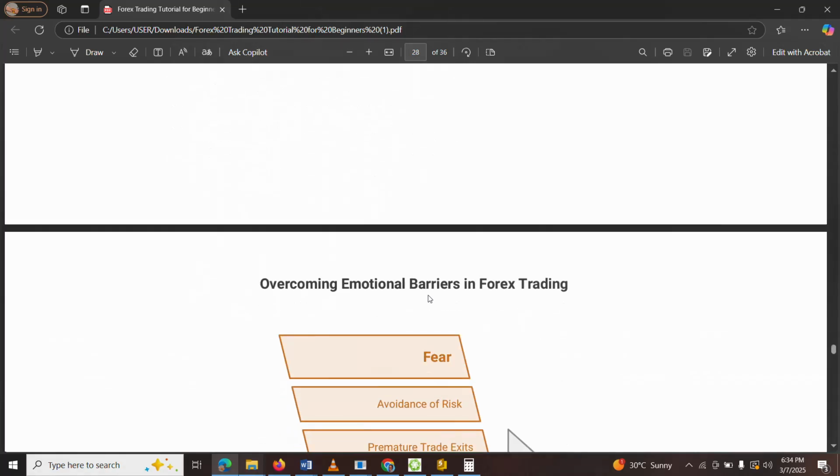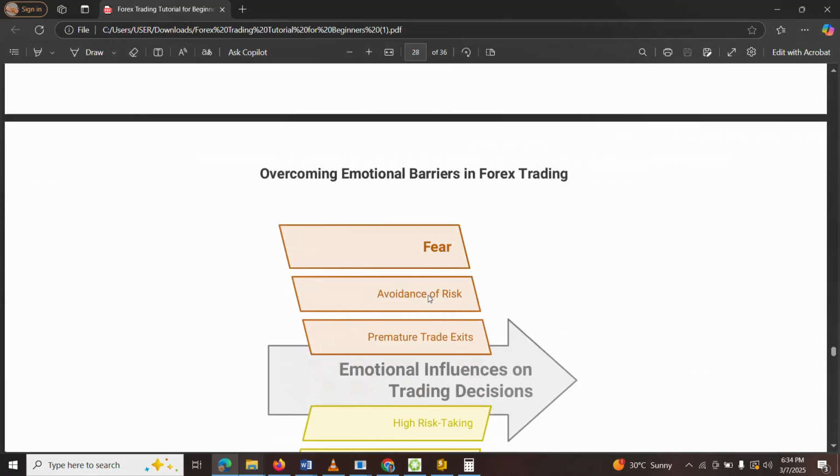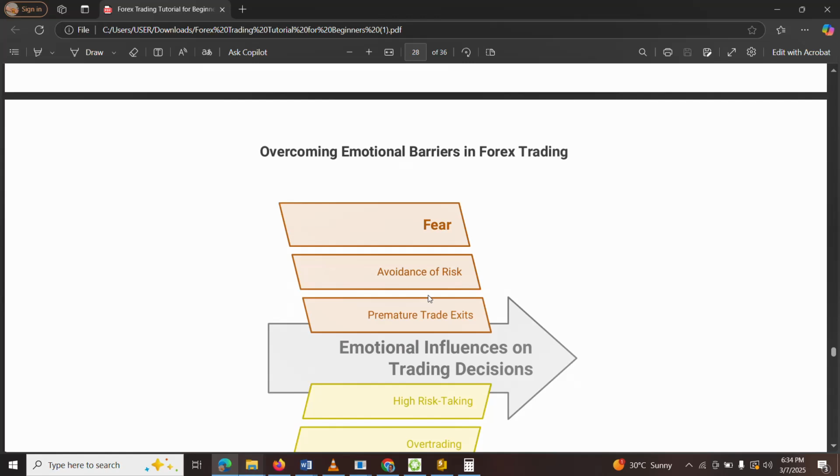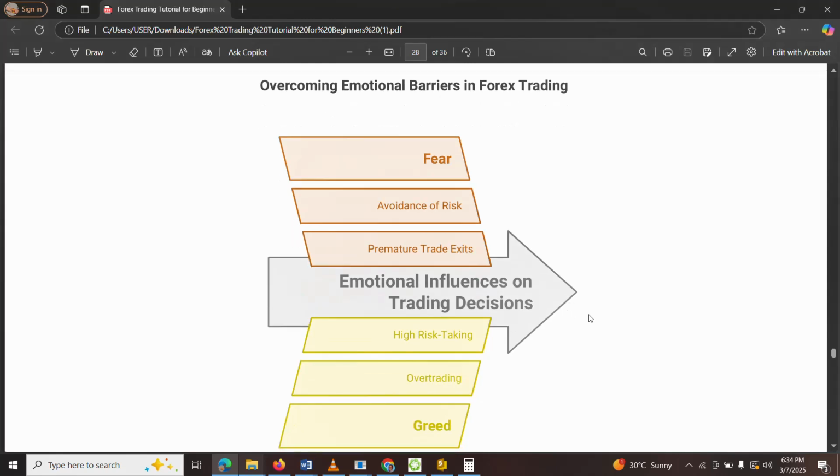Then we have an illustration to show how you're supposed to overcome emotional barriers in forex trading. The fears, avoidance of risk, maybe premature trade exits. These ones directly influence the emotional trading decisions, or maybe the decisions that you make while trading.